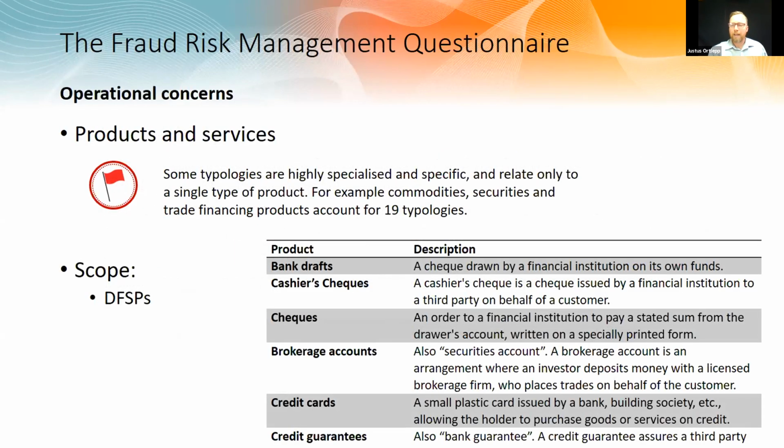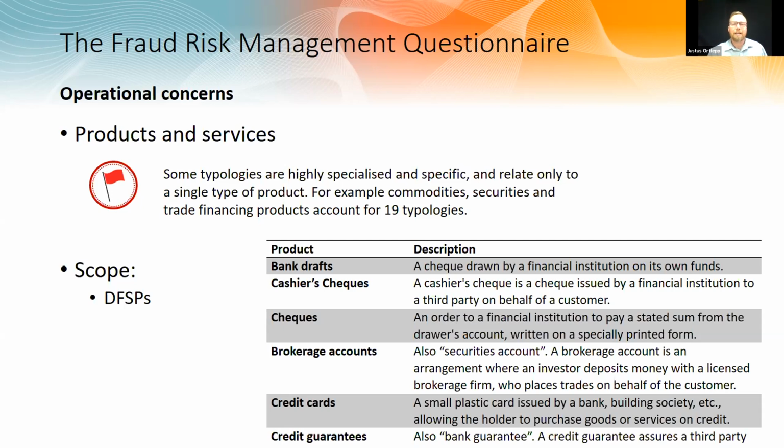We also look at all of the products and services that are offered by the DFSPs, where the back end of those products and services result in transactions that flow through the Mojaloop network. You'd be able to identify whether or not you are vulnerable to certain typologies.